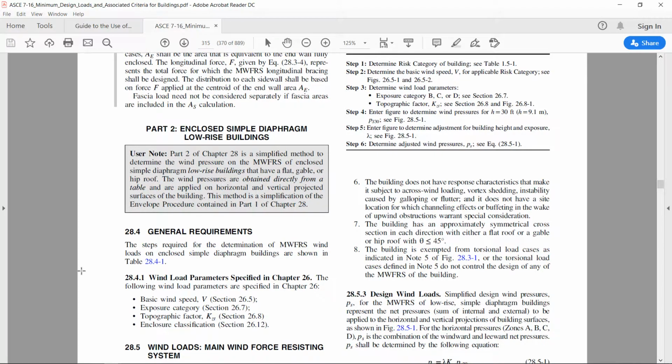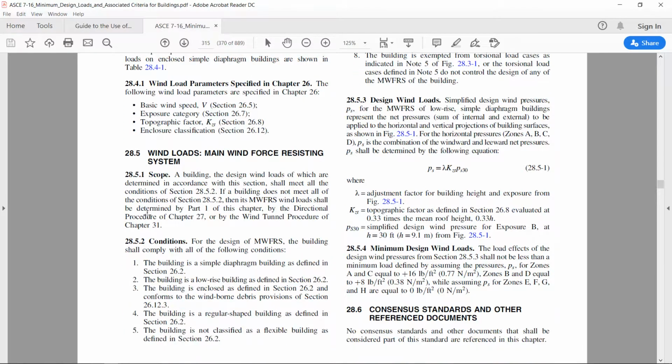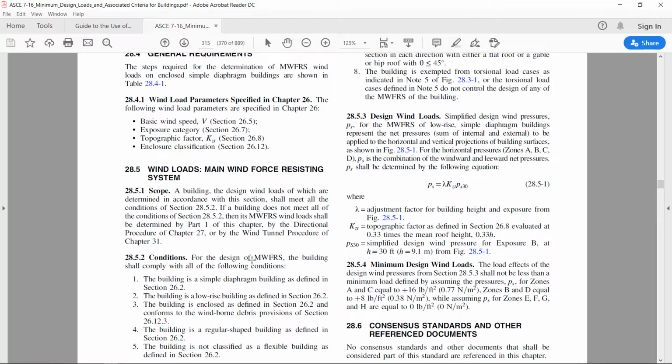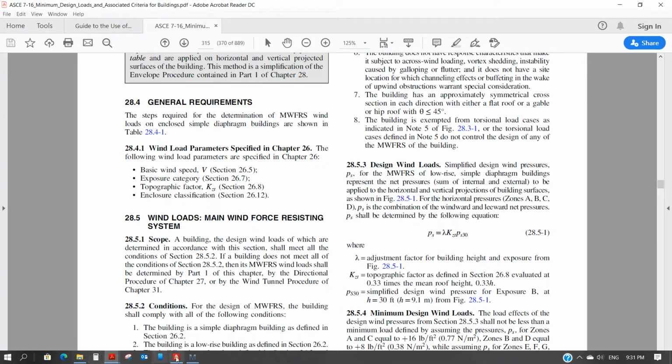Now, we are following this because our building qualifies all the requirements specified over here. The conditions are in paragraph 28.5.2. For the design of the main wind force resisting system, the building shall comply with all of the following conditions. There are 8 conditions, and let's see what we did.